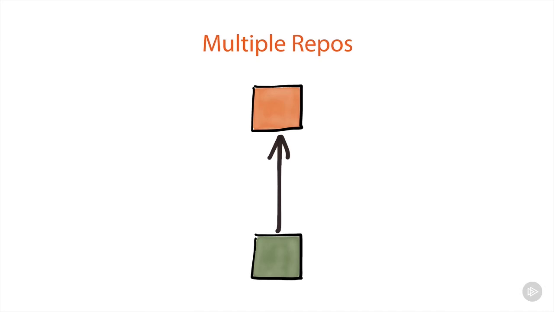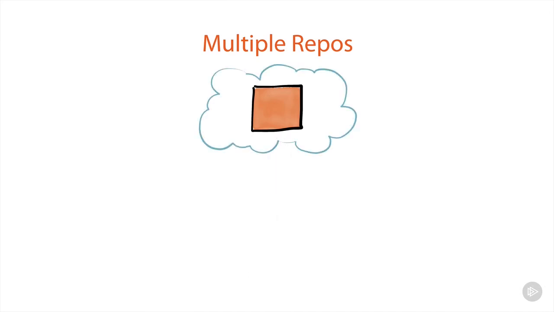I just moved the old cookbook project to GitHub and removed it from my computer. So now the orange repo is in the cloud, so to say, a service hosted on the GitHub servers, and the green repo will be on my own computer. So I want to get a copy of the project on this computer inside this empty directory.